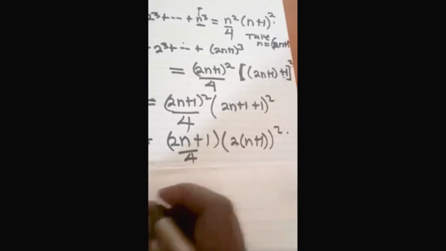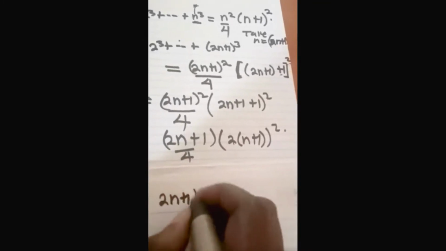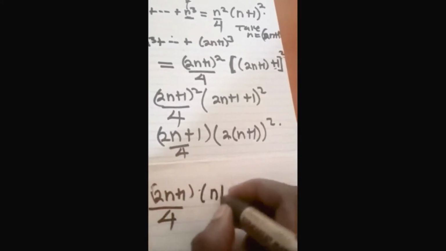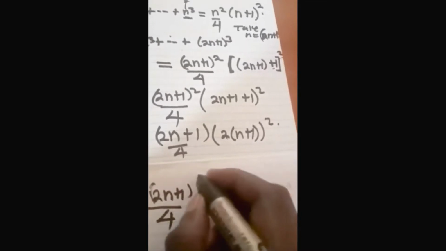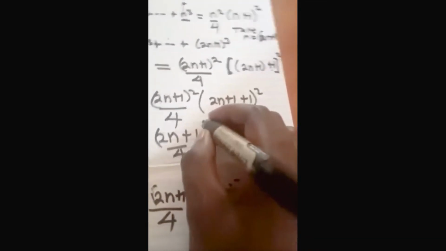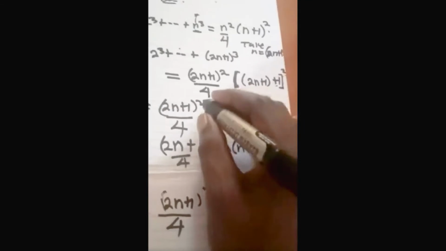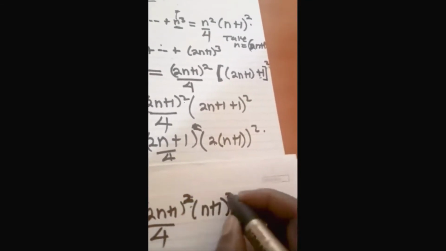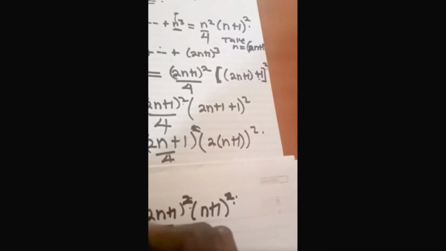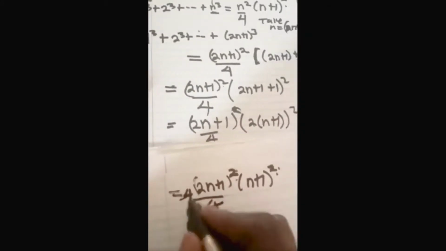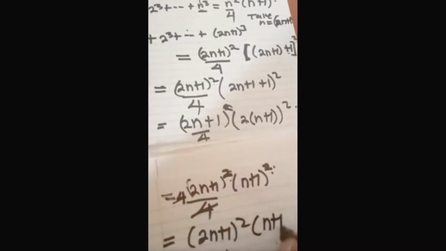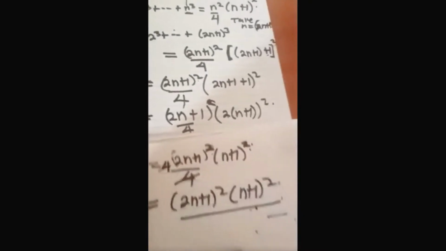And therefore I will get 2n plus 1 over 4 into n plus 1 squared. This guy was squared initially because of this, and this. This is squared here. And this is squared here. And a 4 will come there. So this will cross with this. You'll get 2n plus 1 squared into n plus 1 squared. So this is the thing they want us to show.